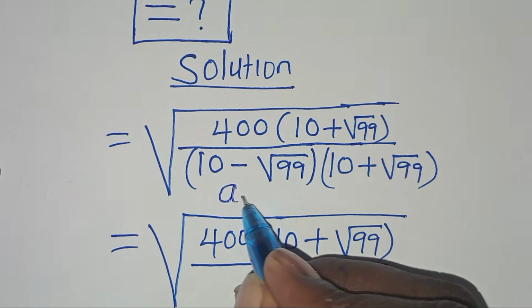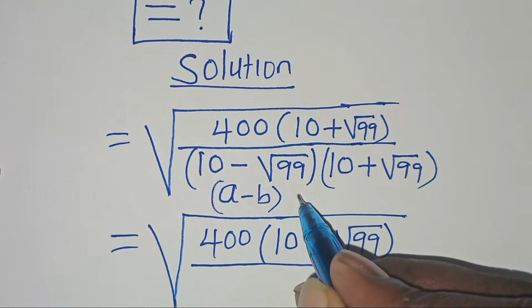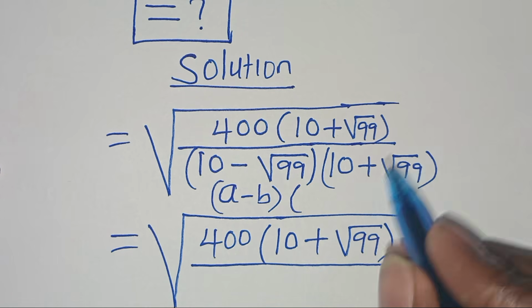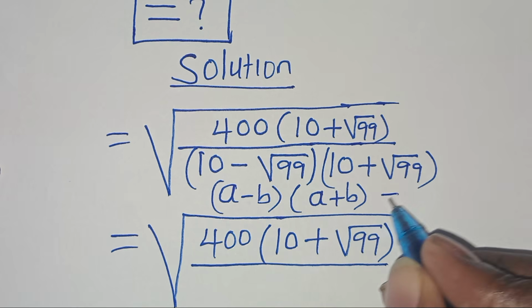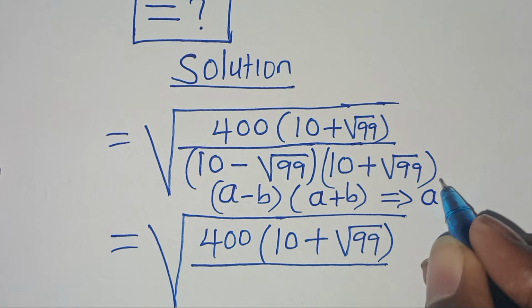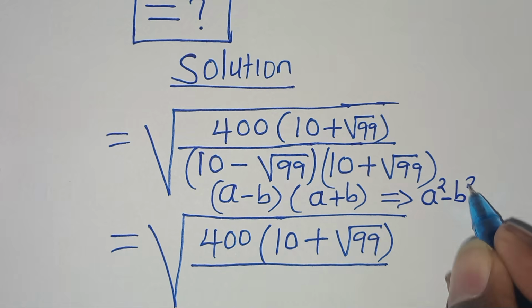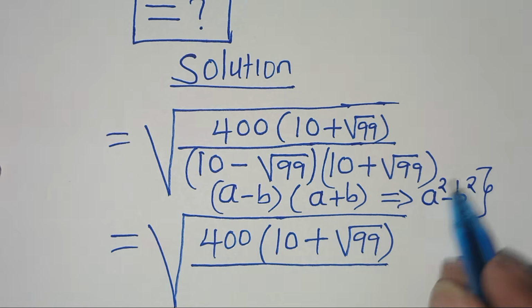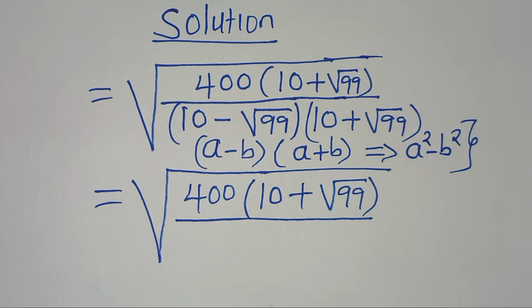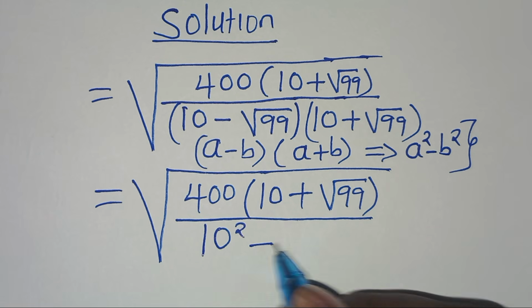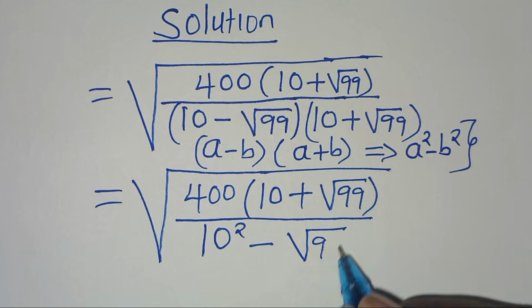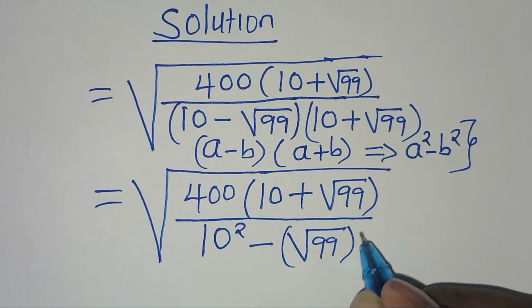This is in the form of a minus b multiplied by a plus b, which we can express as a to the power of 2 minus b to the power of 2. Now this is the difference of two perfect squares. So here we have 10 squared subtract the square root of 99 raised to the power of 2.